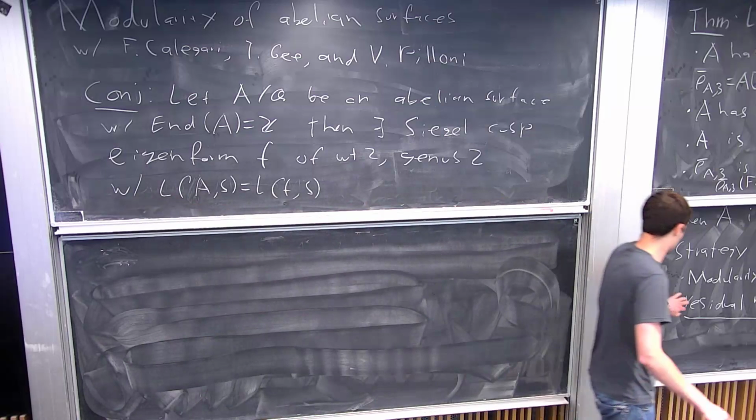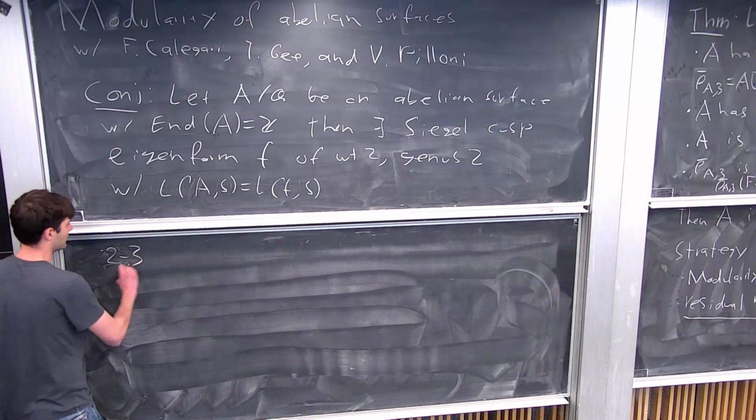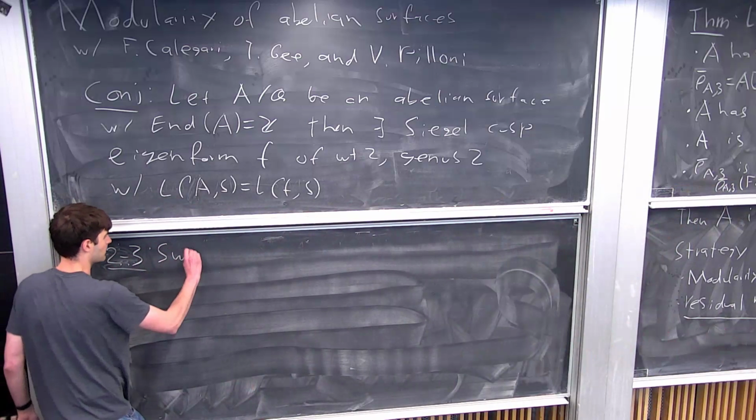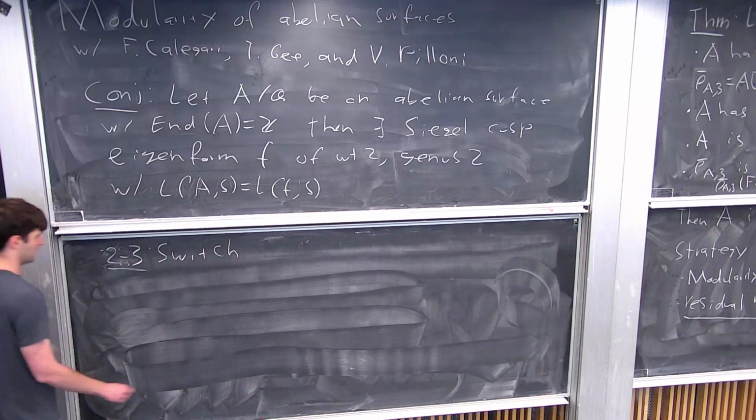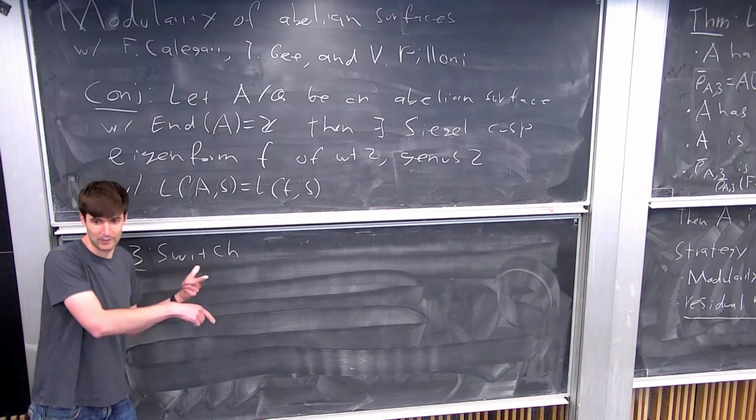So we're going to do some kind of 2-3 switch. Wiles did a 3-5 switch, but there are 2-3 switches in the literature, and we're going to do a 2-3 switch. So what does it mean? Given our abelian surface A that we want to prove is modular, we're going to cook up another abelian surface that we're going to prove is modular first.